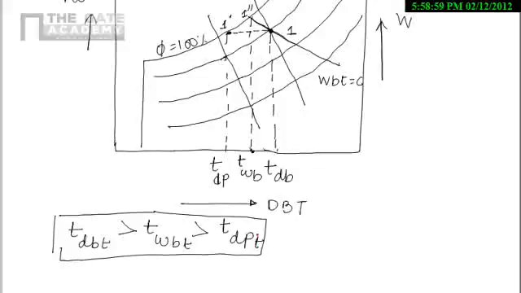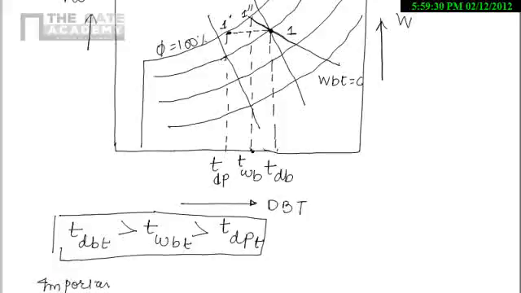So now tell me one thing, where the dry bulb temperature, wet bulb temperature and dew point temperature will be same. Suppose if we are on phi equals to 100%, then dew point, wet bulb and dry bulb temperature will be same. So it's an important fact.